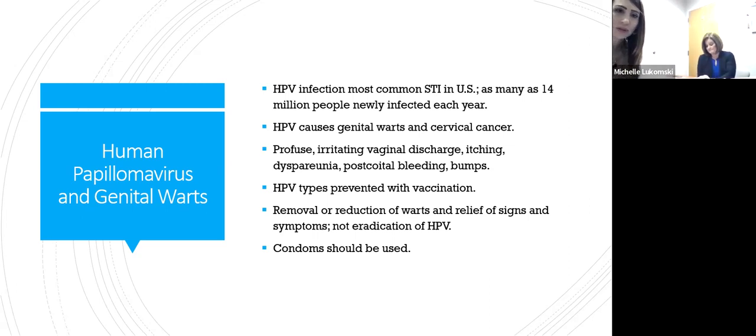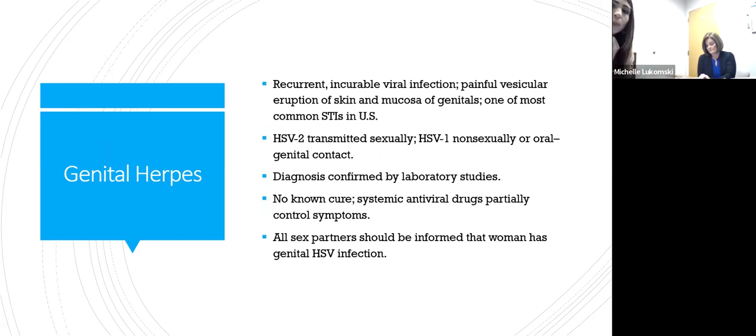All right. So genital herpes. Herpes I see pretty commonly. I don't have statistics on that, but I typically talk about it once a week at least, on a regular basis.